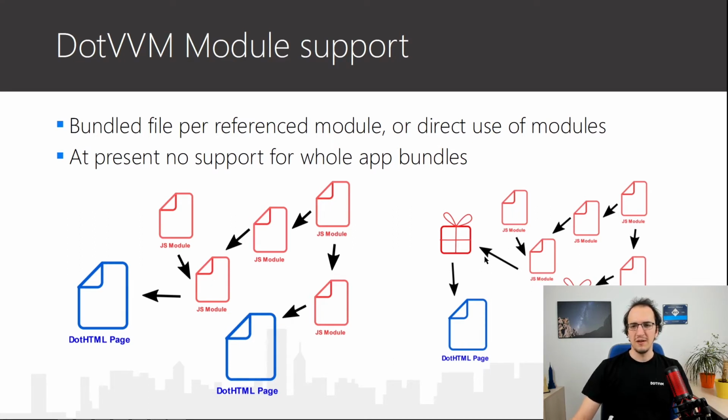So what we need to do is, whatever bundler you use, for example Webpack or Rollup or any other, you need to bundle all the modules so there will be one output JavaScript file per page or per control.